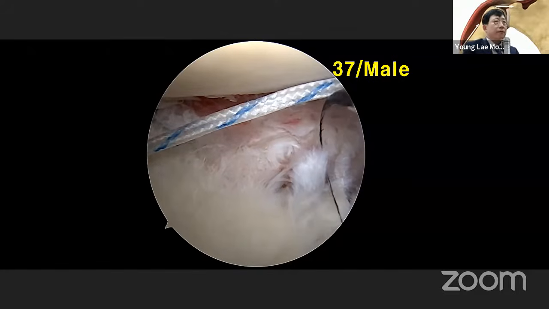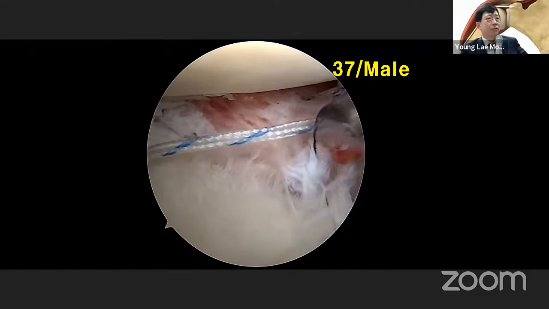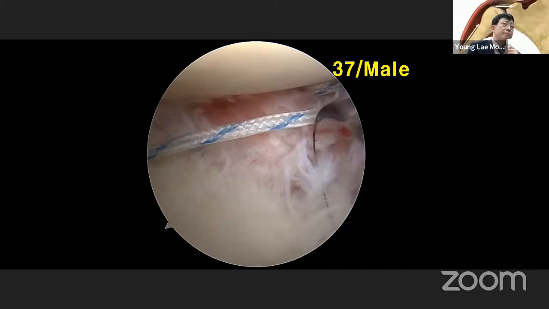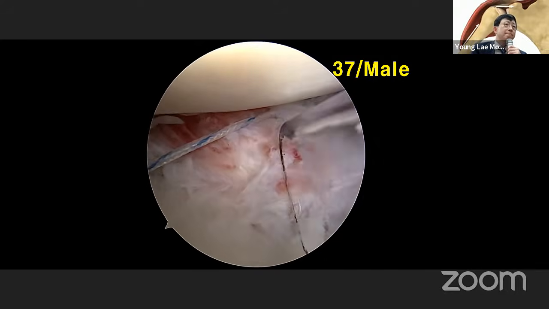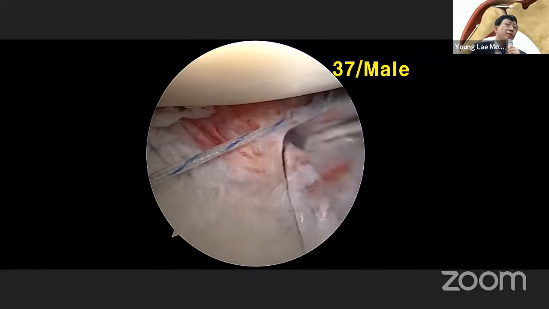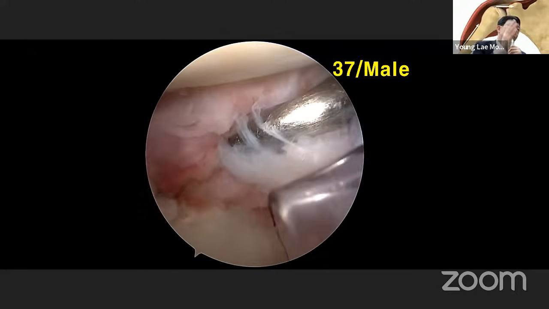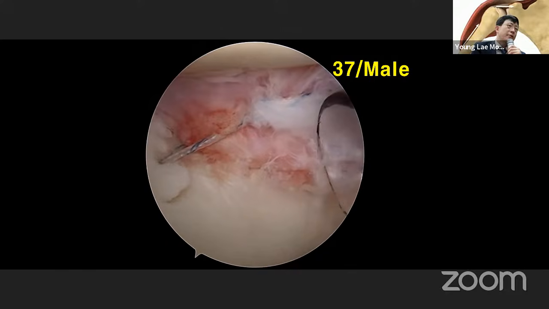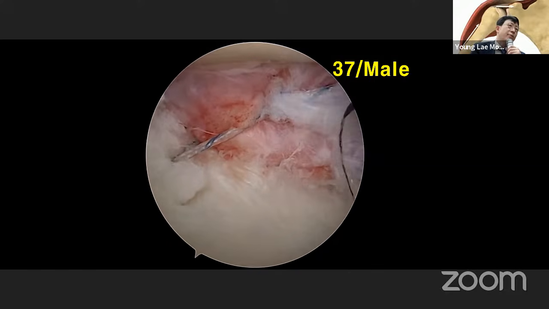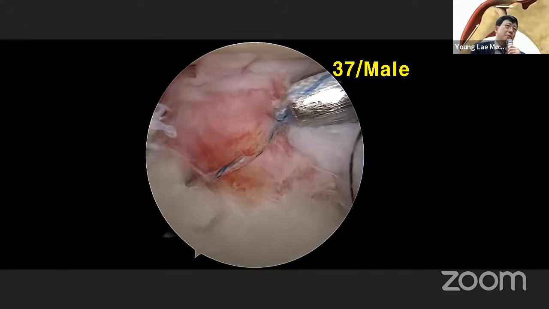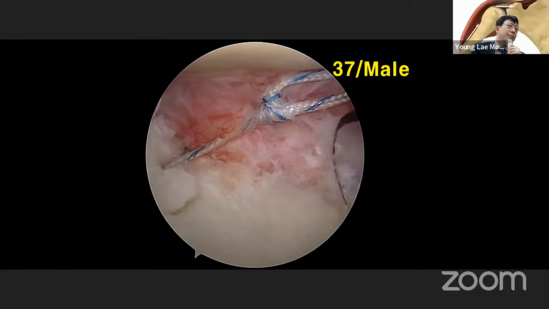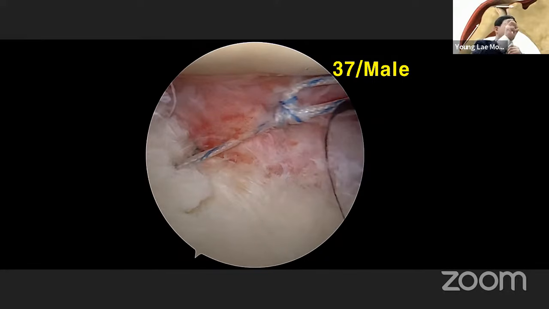I prefer a sliding knot rather than a non-sliding knot to obtain proper tension. Usually, after one anchor, we are feeling more secure, and the next anchor procedure is an easier process. But the first anchor is most important for obtaining proper reduction of the fracture.